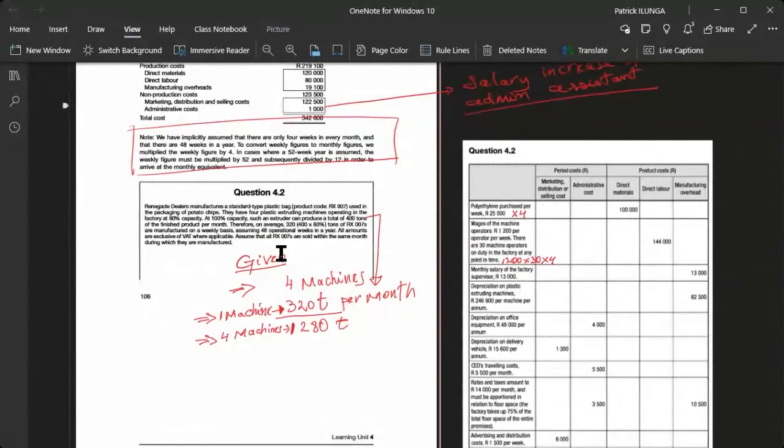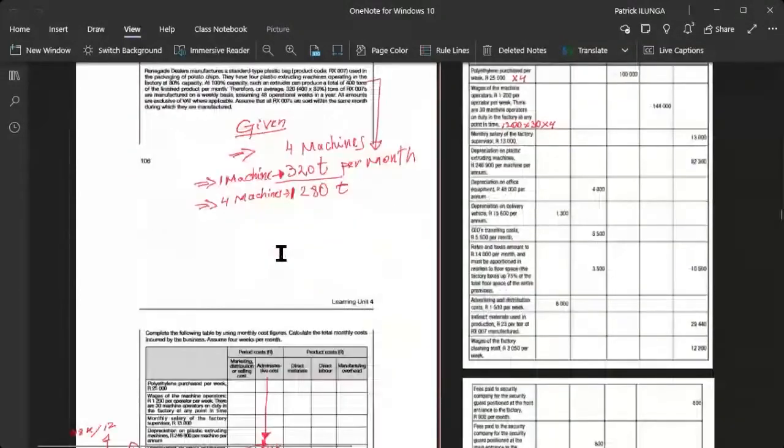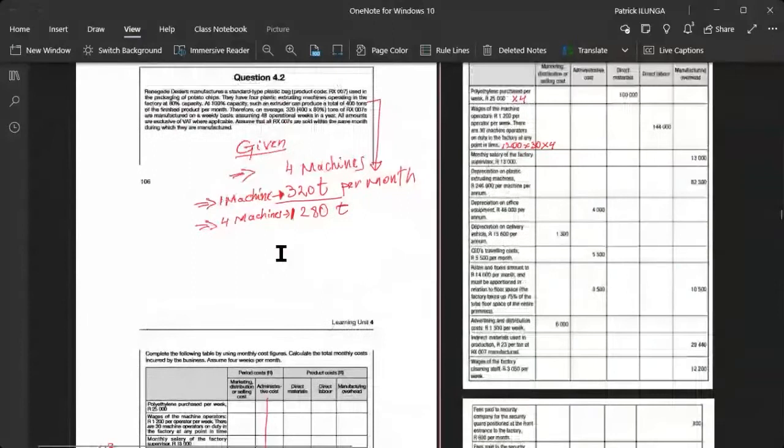They say if that machine works at 100% of its capacity, it will produce 400 tons per month. But unfortunately, it's only working at 80% capacity. So it's 320 tons. Remember, it is 4 machines. What will be the total? You take 4 times 320, which will give you 1,280 tons. Very important. You need to scrutinize what they're giving you.